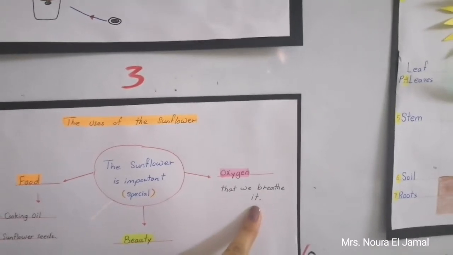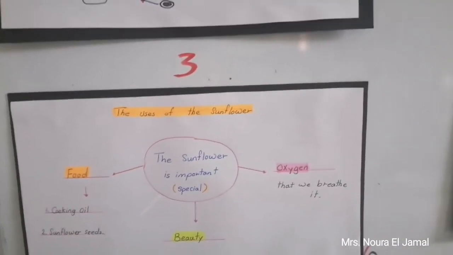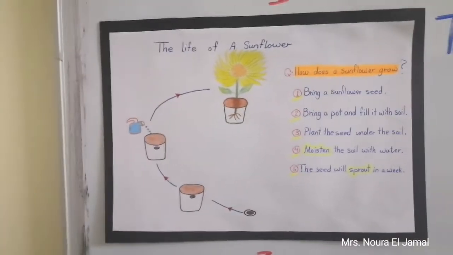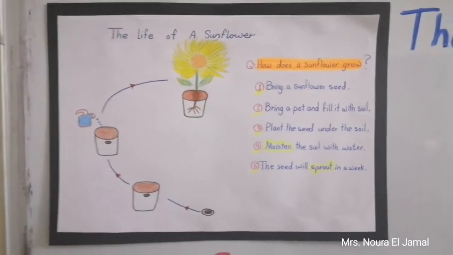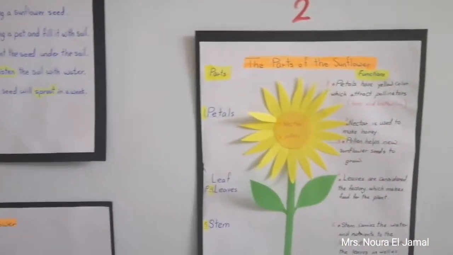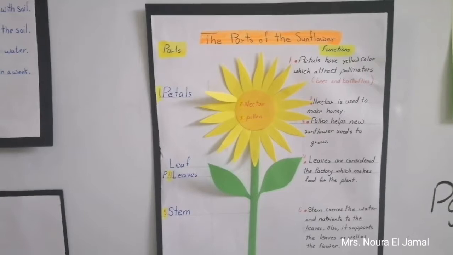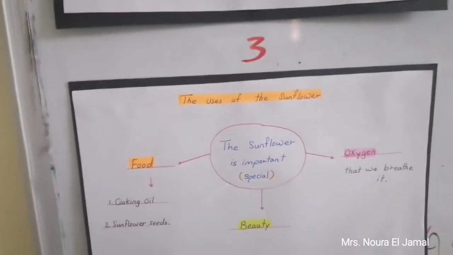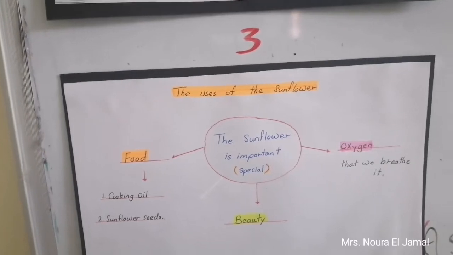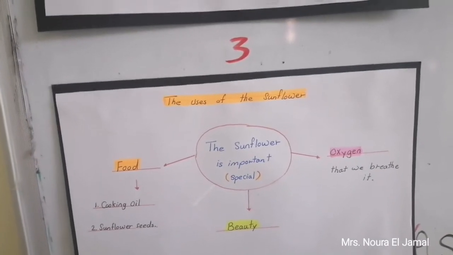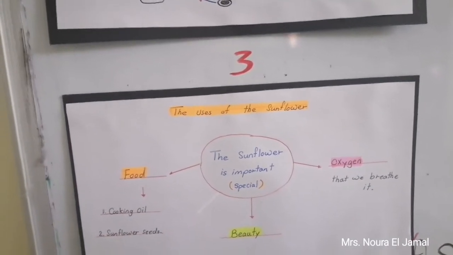So now we understand how a sunflower grows, and we know the parts of the sunflower and their functions. And we also learned about the uses of the sunflower: food, oxygen, and beauty, decoration.